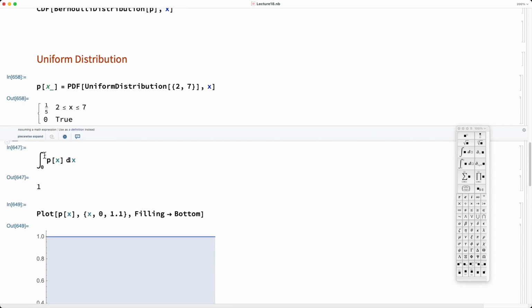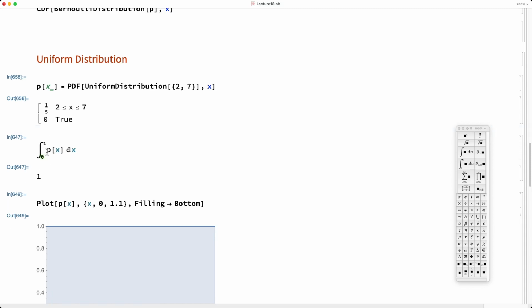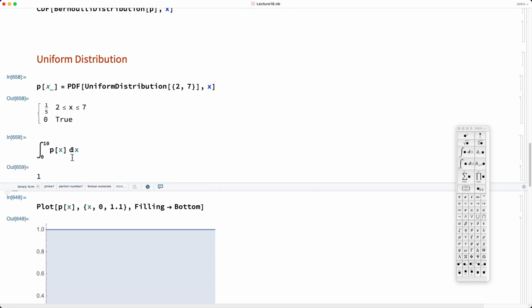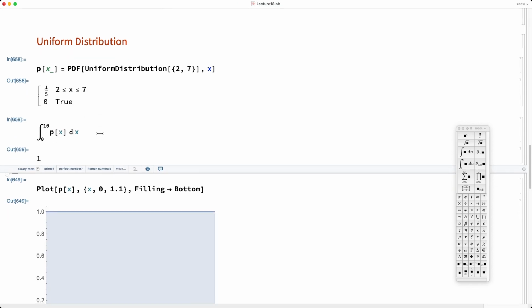So in that case, we shouldn't integrate from 0 to 1. We should integrate from 2 to 7 basically. But even if we exceed that, you can integrate from 0 to 10. That's not going to change the result because the probability is 0 outside 2 and 7. So that integral is still 1.